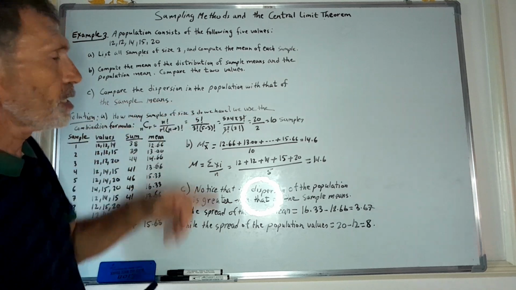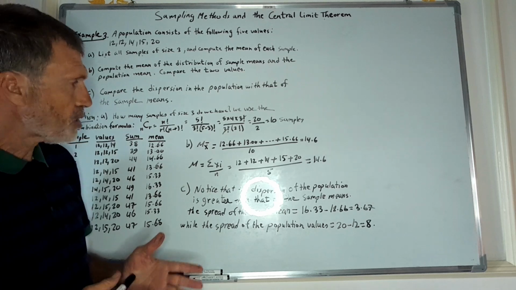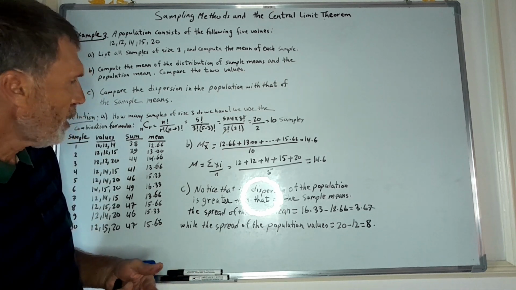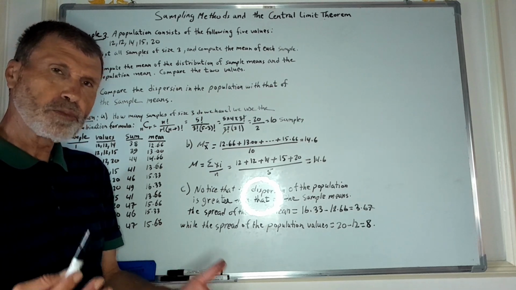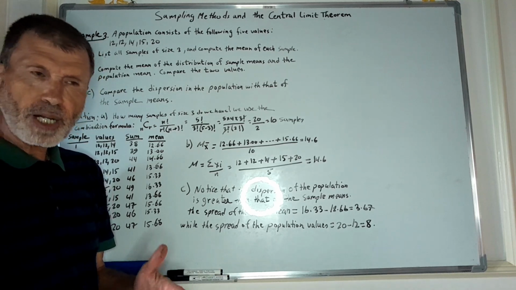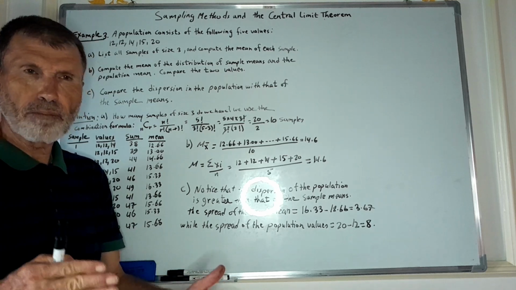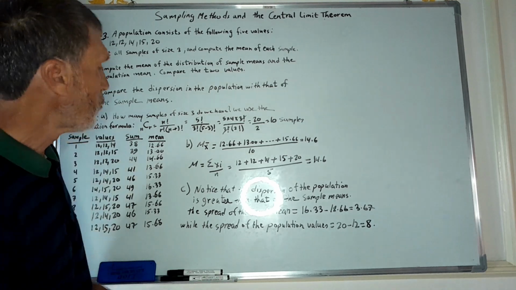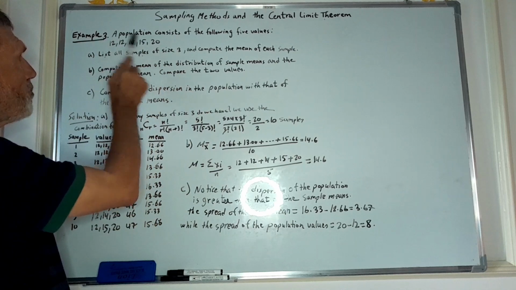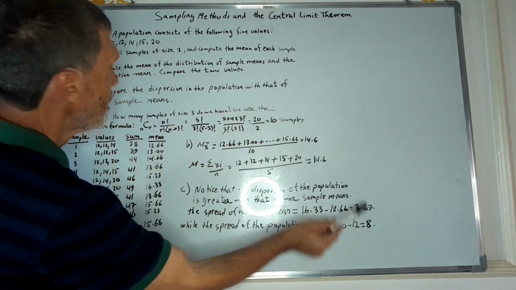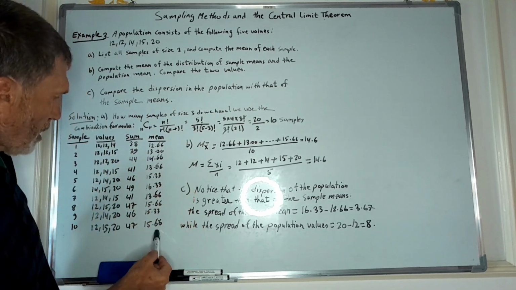Okay, now, compare the dispersion in the population with that of the sample means. As you can see, the dispersion can be computed by using the spread. The spread is the difference between the maximum value and the minimum value. So if we want to get the spread in the population, all we have to do is subtract 12 from 20, so we come up with 8. If we want to compute the spread in the sample means, we subtract the smallest from the largest.